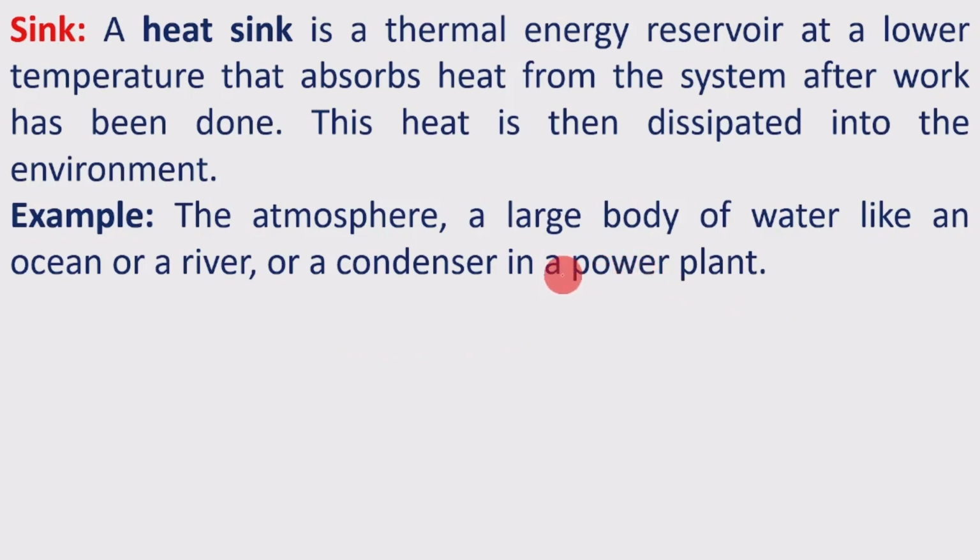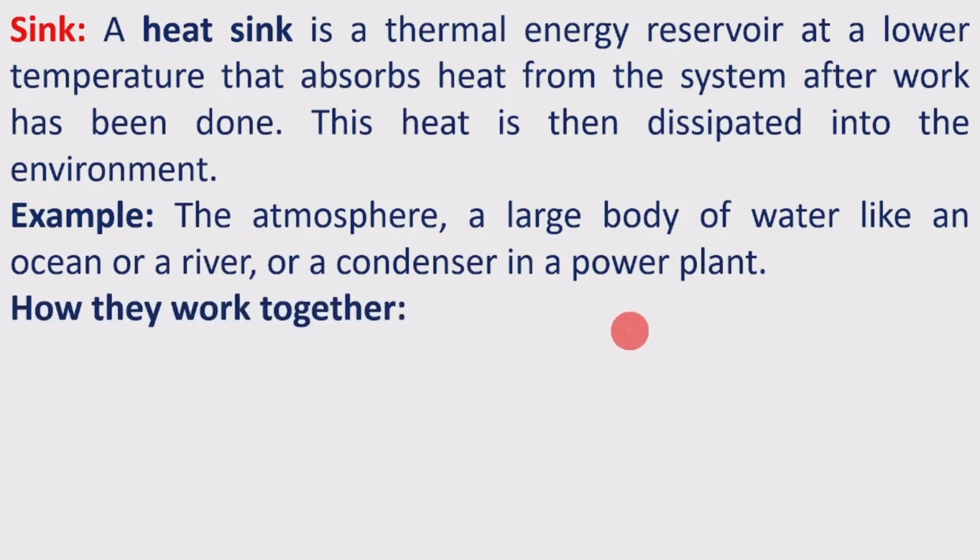After performing the work in the system by the heat, the remaining heat is considered a wastage that cannot be used for performing work, and that will be rejected to the atmosphere or a large body of water like an ocean, river, or a condenser in a power plant.